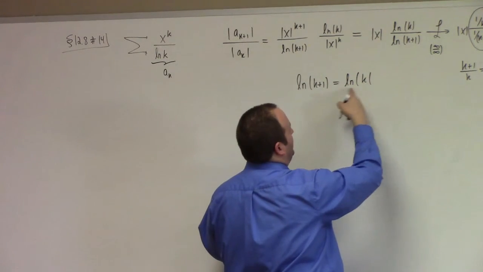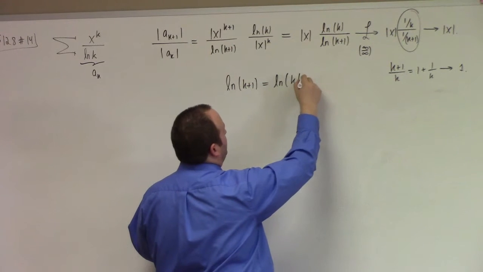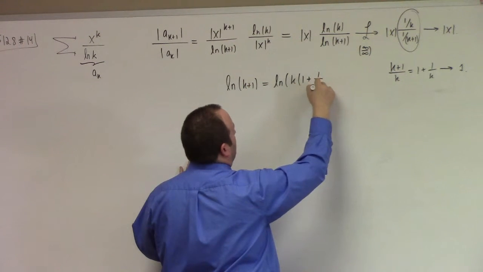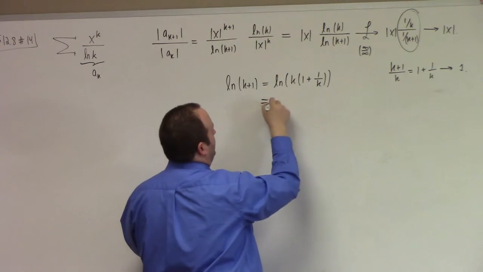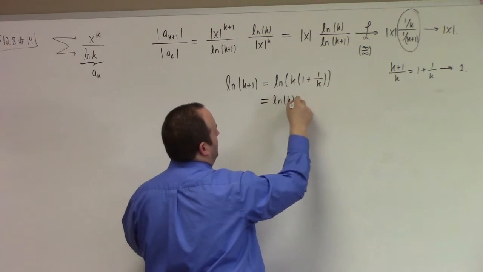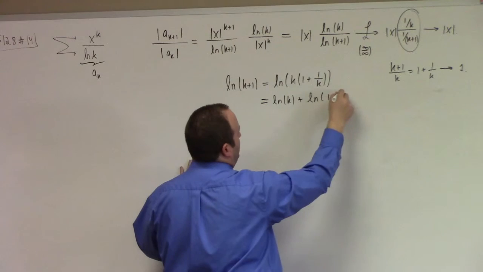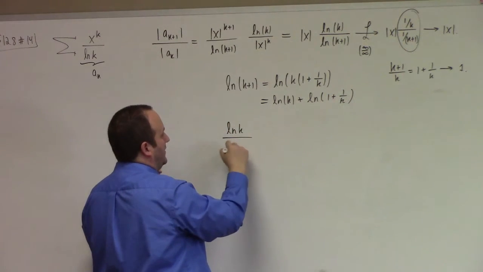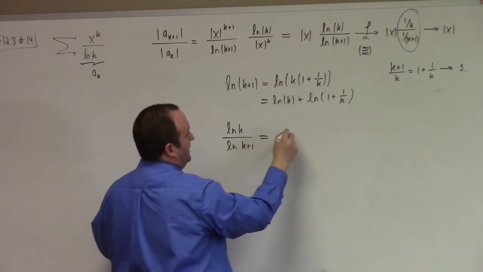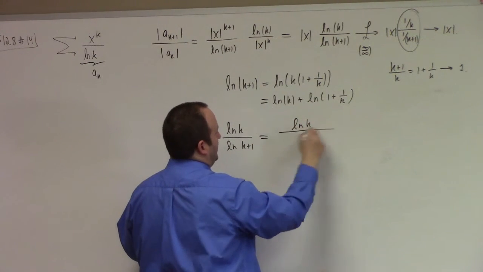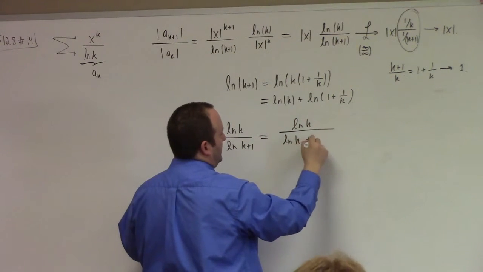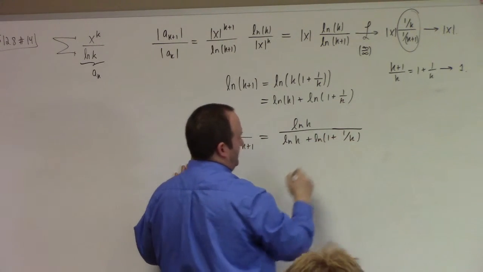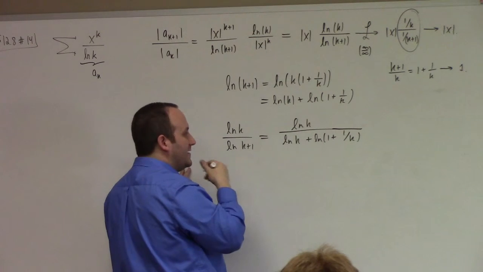So, like if I did ln of k times 1 plus 1 over k, maybe I could get away with something. That would be ln k plus ln of 1 plus 1 over k, right? And so if I look at log k over log k plus 1, then that's log k divided by log k plus log of 1 plus 1 over k.